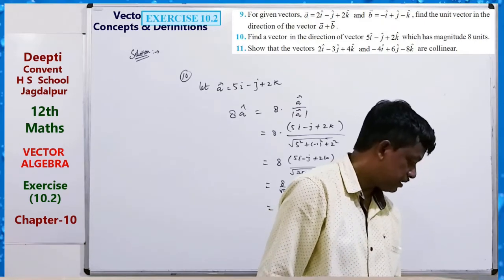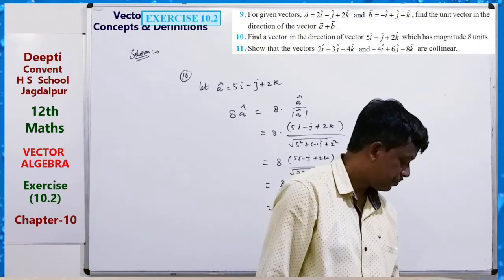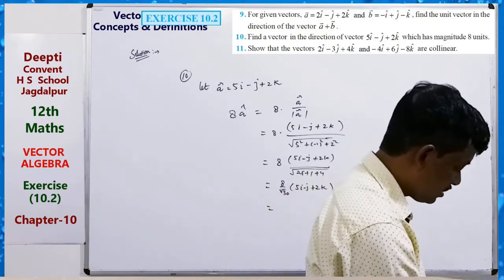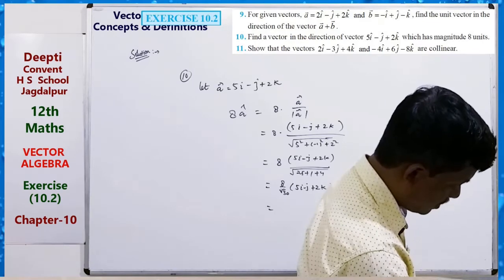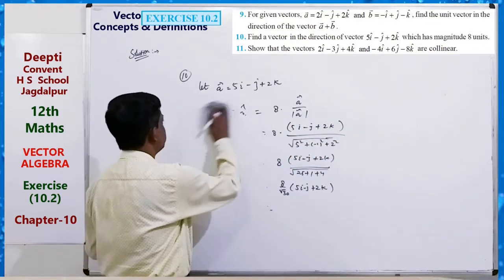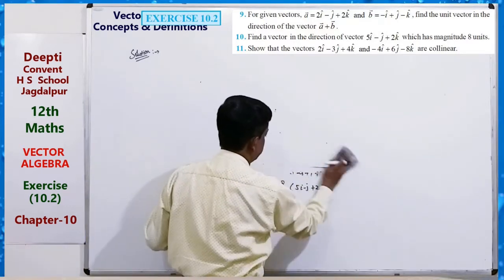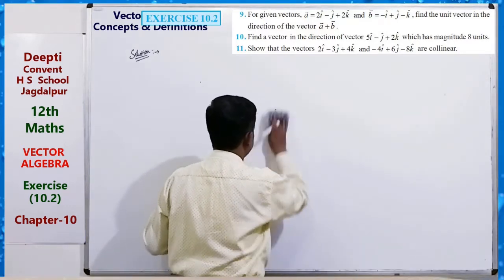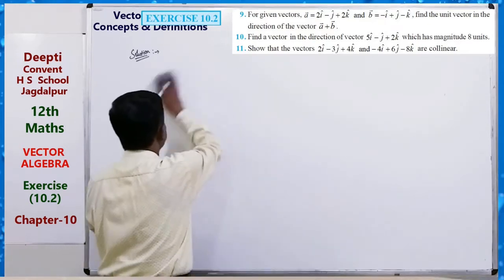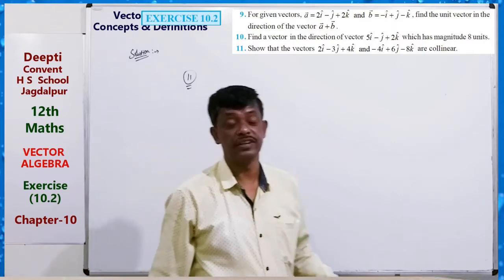Question 11: show that these vectors are collinear.